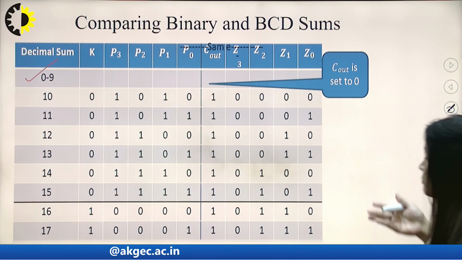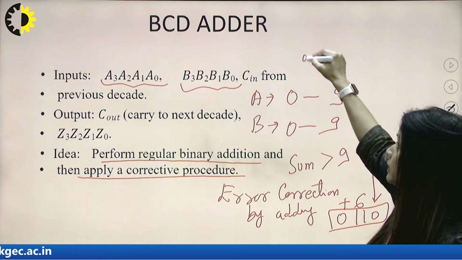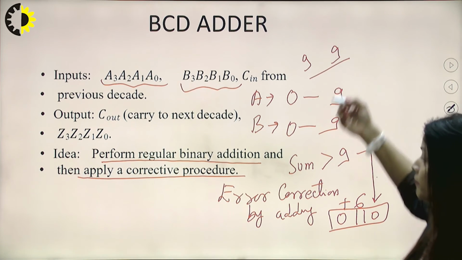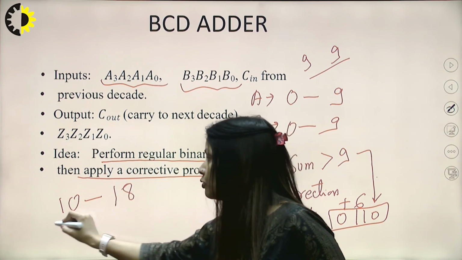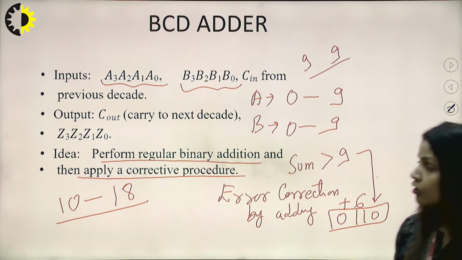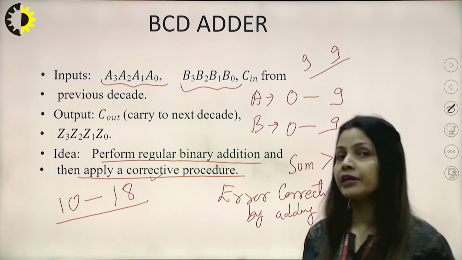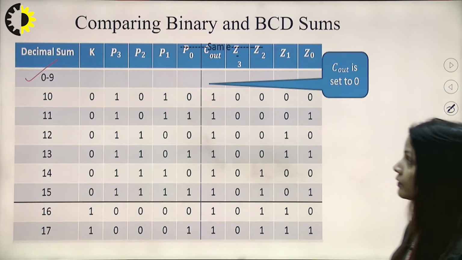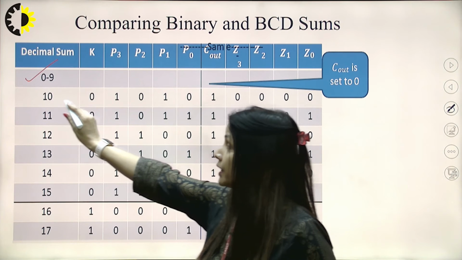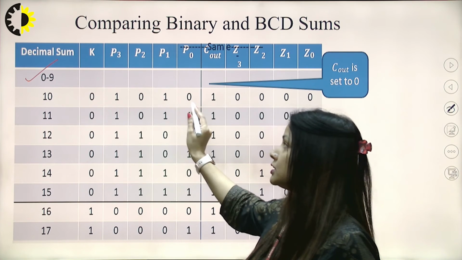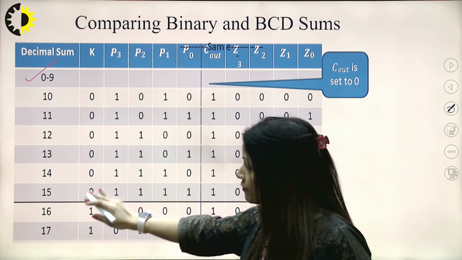For two numbers, like A is 9 and B is 9, the sum may occur from 10 to 18. For these cases of 10 to 18, we need to apply a corrective action. Otherwise, we have regular binary addition. If the sum is 10, the answer will be 0, 1, 0, 1, 0. If the sum is 11, it will be 0, 1, 0, 1, 1. In a similar way, we will write all the combinations.